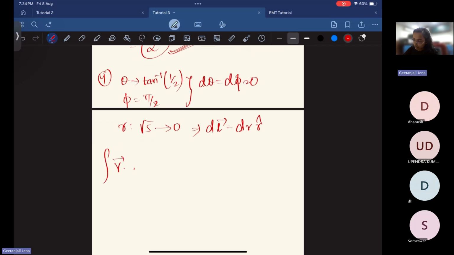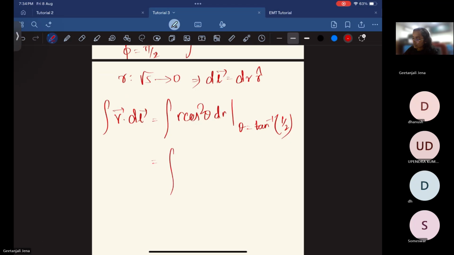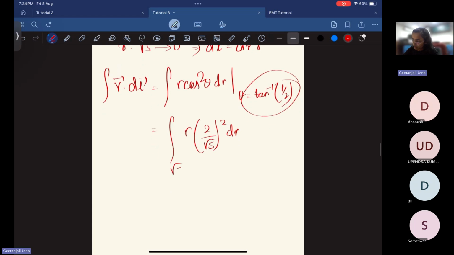So v dot dl. This is r cos square theta dr at theta tan inverse half. From theta tan inverse half, you can calculate what will be the cos theta value. So this will come around 2 by root 5 square dr, and this is root 5 to 0.